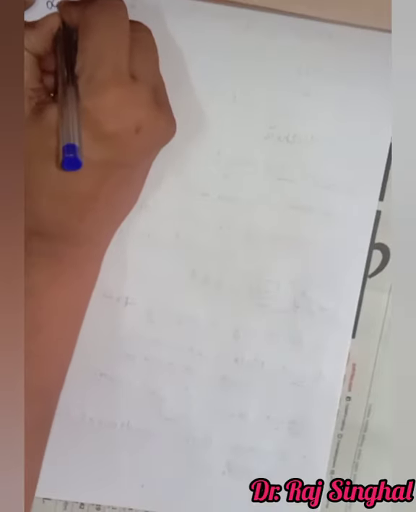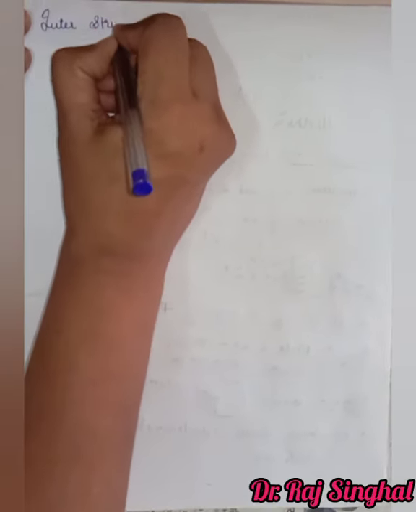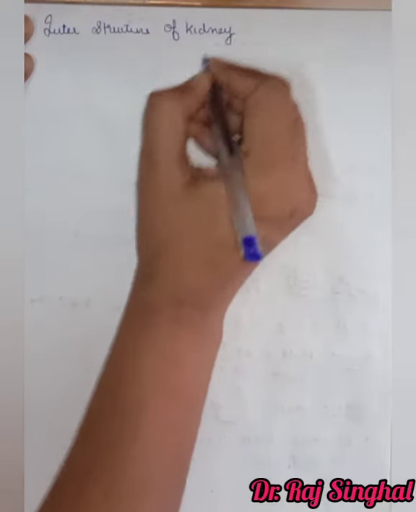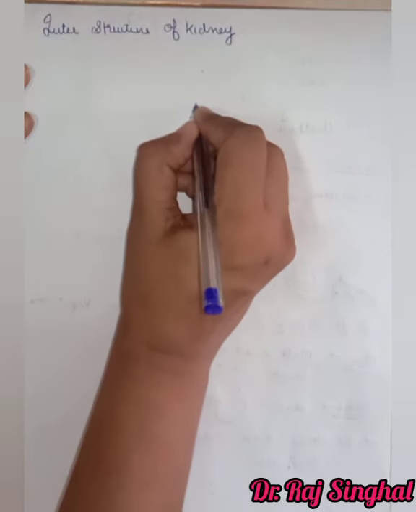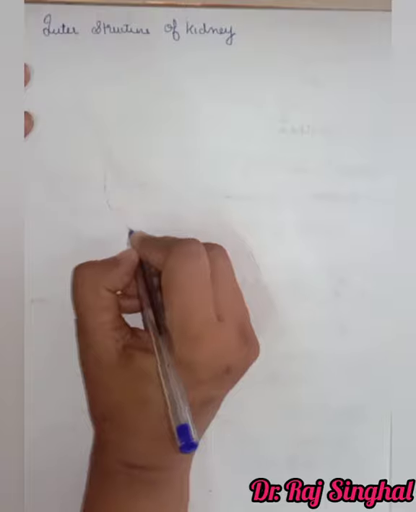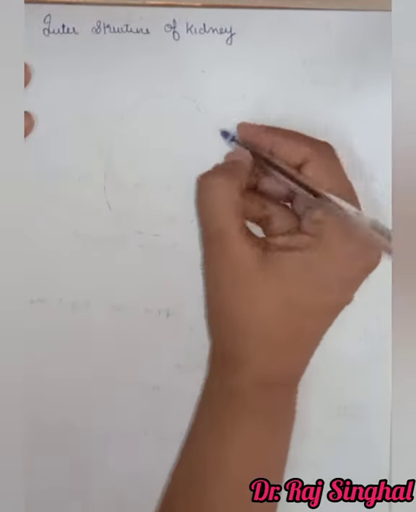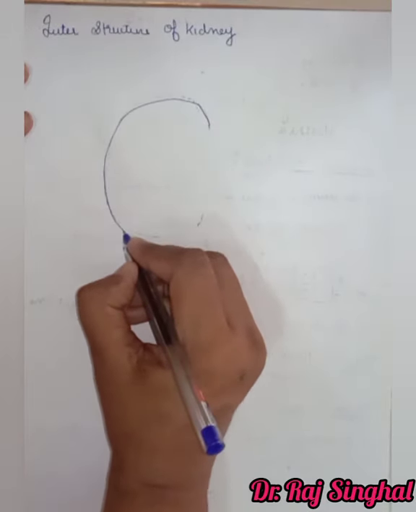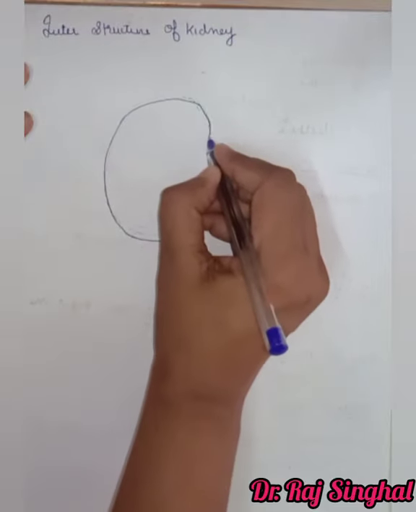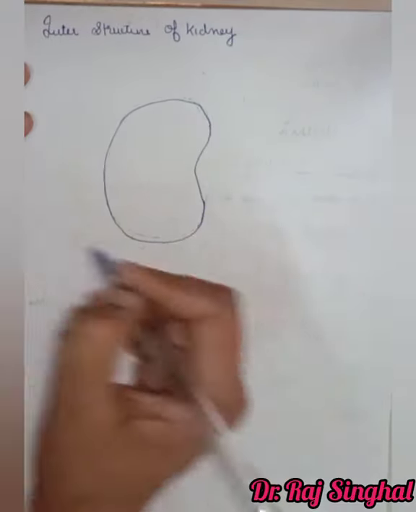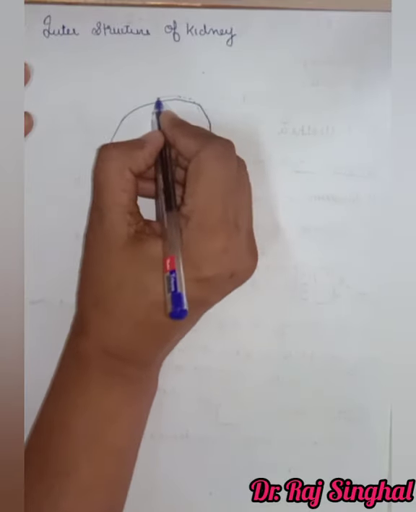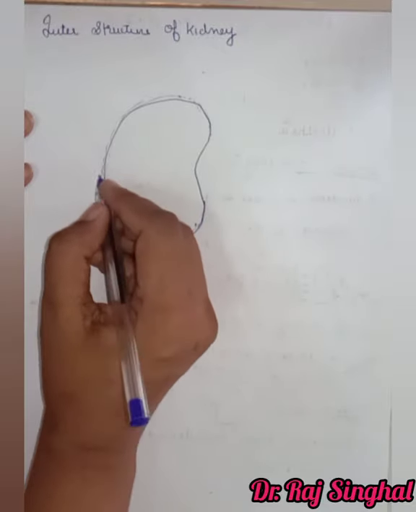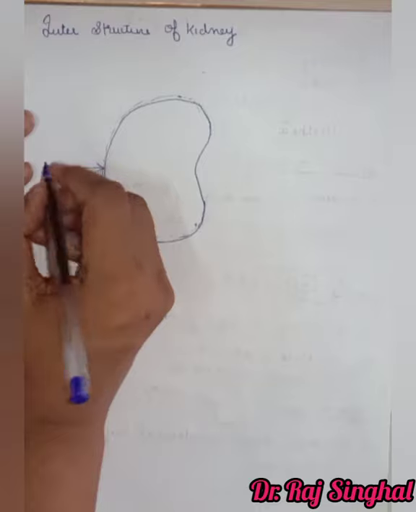Now, for internal structure of kidney, kidney is bean shaped. This kidney is surrounded by a white fibrous tissue layer, and this layer is known as fibrous capsule.